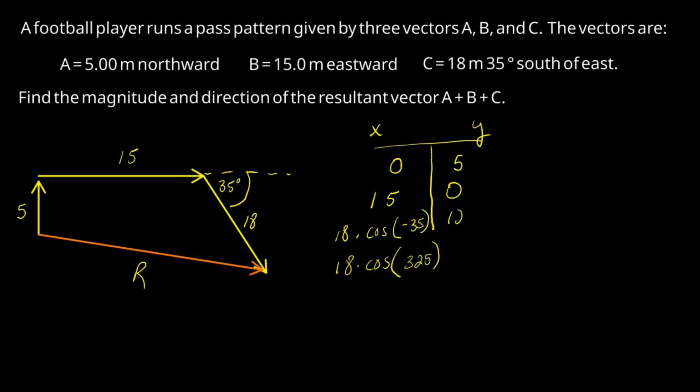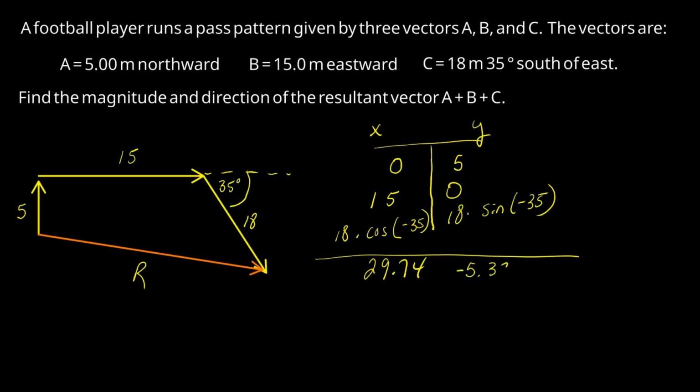So this will be 18 times the sine of negative 35. Okay, so the sum here will be 29.74 and negative 5.32. It's negative because it's below the axis here. So if this was the x-axis, it's below the axis. So therefore, it's a negative number.